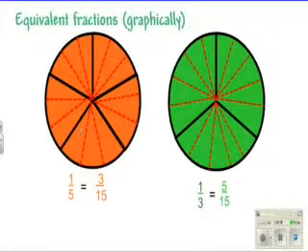Count them. 1/5 is the same as 3/15. 5/5 is the same as 15/15. Go ahead and play with that idea. See if you can pull it together.